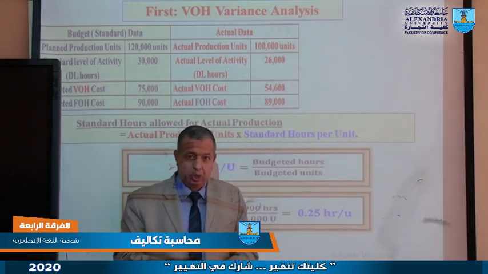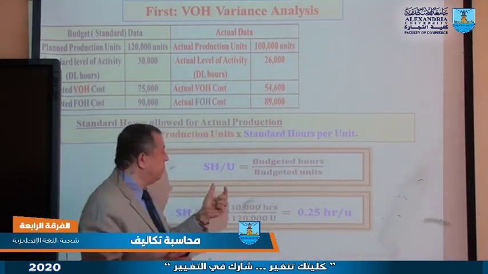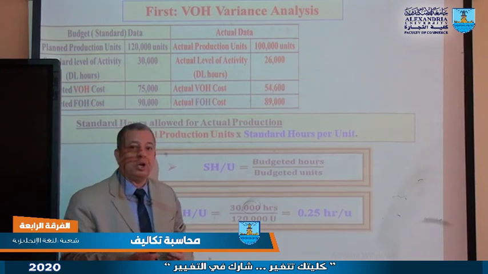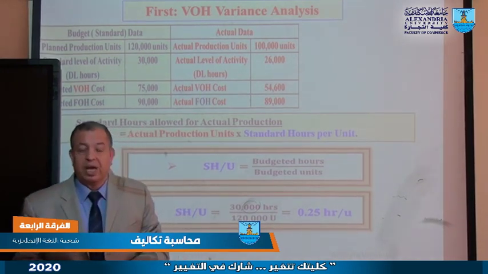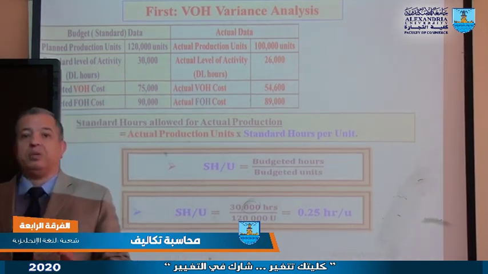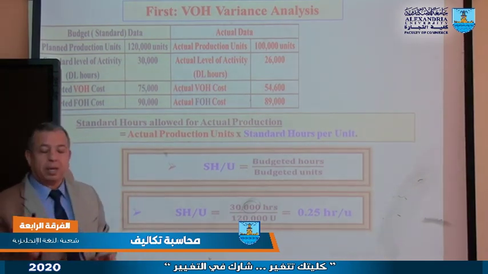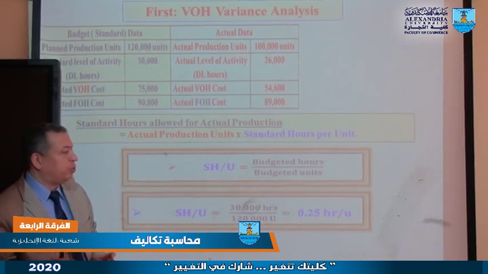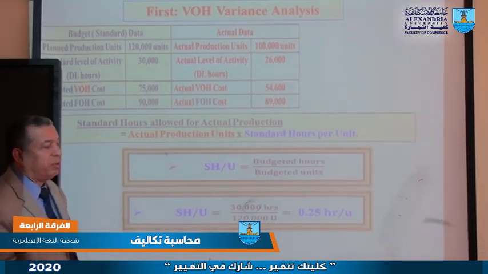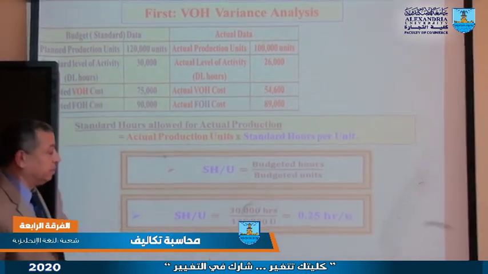Using the budget. We have an equation to calculate standard hours per unit. It will not be given. I can give it directly if I speak about direct labor, because I can determine the standard hours per unit. But here I speak about the budget for manufacturing overhead. Okay?